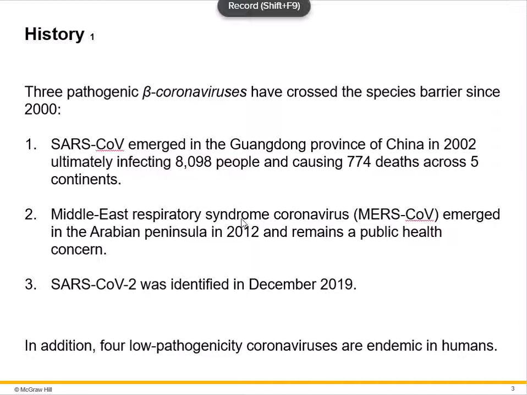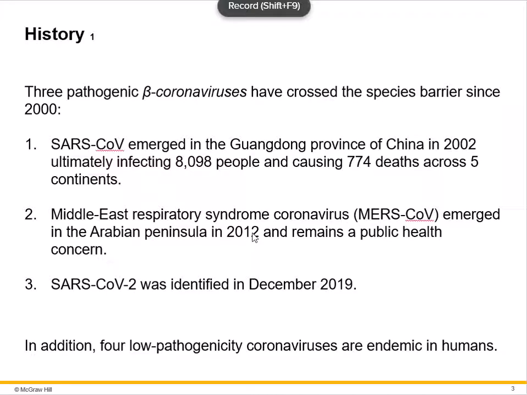In 2012, we had another coronavirus of interest causing MERS. This Middle Eastern Respiratory Syndrome coronavirus emerged on the Arabian Peninsula, and it was from camels. The transference was from camels to humans. So the reservoir was a camel and then infecting humans.